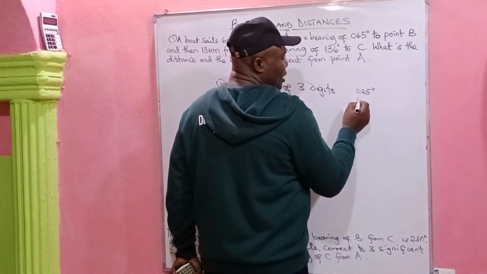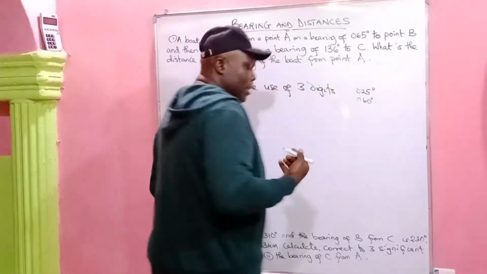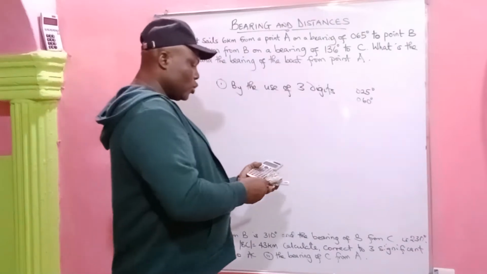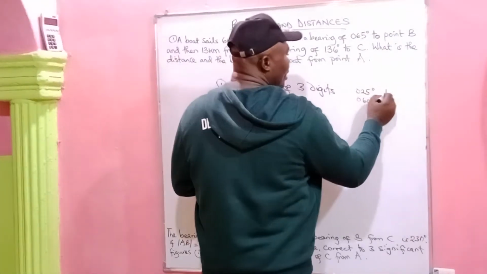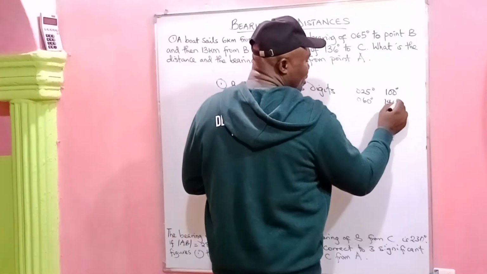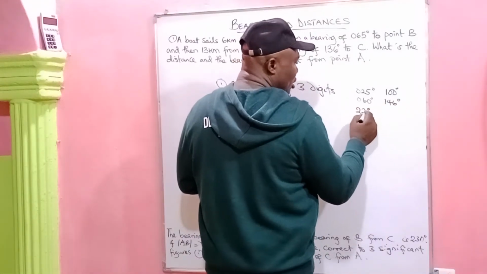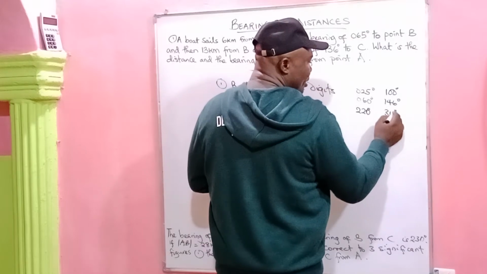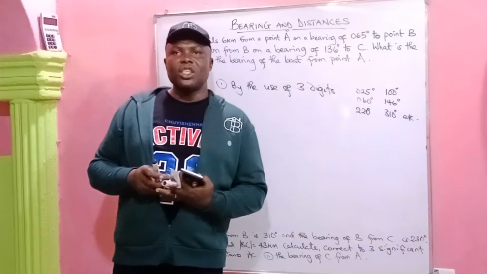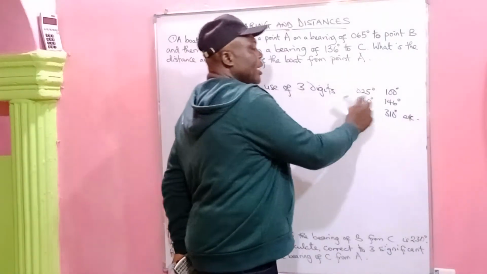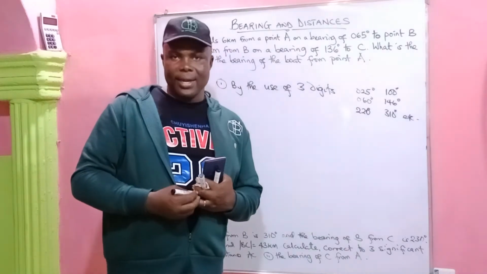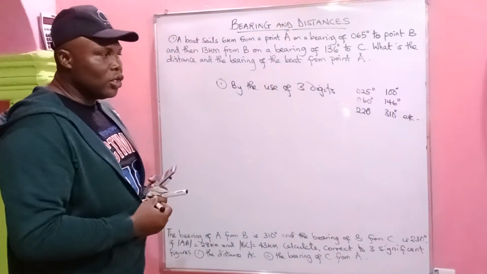Let's say 060 degrees, that's 3 digits. Alright, so we can have 100 degrees, that's also 3 digits. We can have 146 degrees, we can have 220 degrees, we can have 310 degrees, etc. So every angle is represented using 3 digits. So that's the first way of presenting our bearings, the angular distance, by the use of 3 digits.